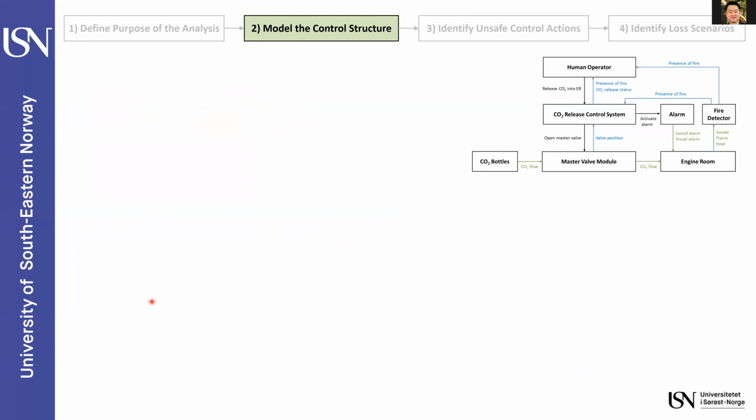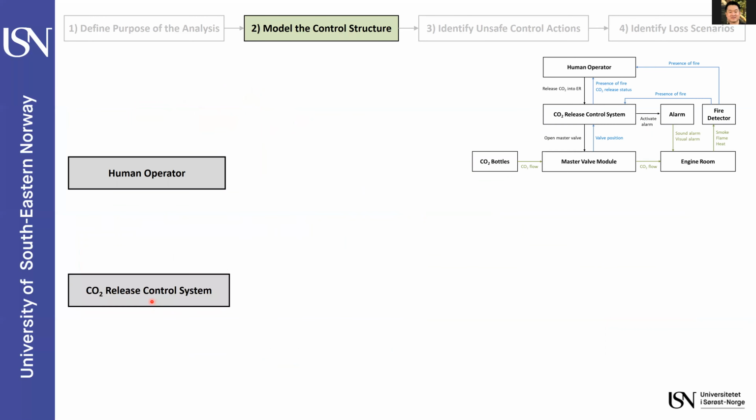And once we have established this control structure, then we should identify some responsibilities, process models and feedbacks of each controller. So in our system, we have two controllers. The first one is a human controller, and the second one is the CO2 release control system.